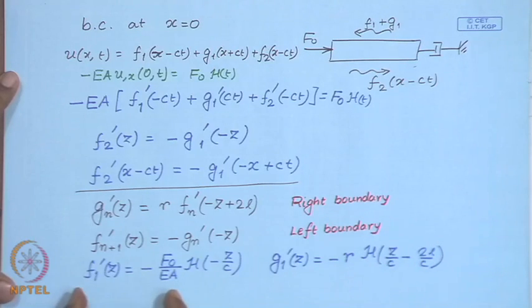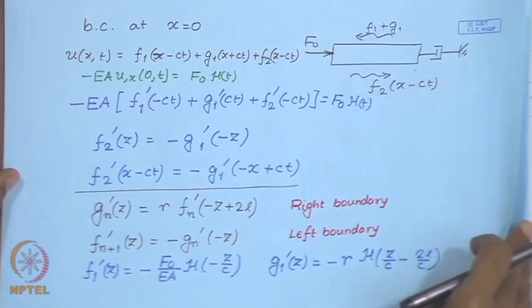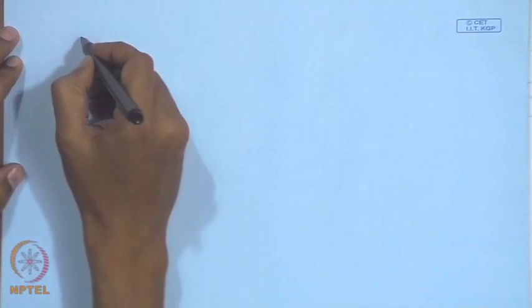So once we know f 1 prime and g 1 prime, we can use this recursion to find out the wave at any nth reflection.